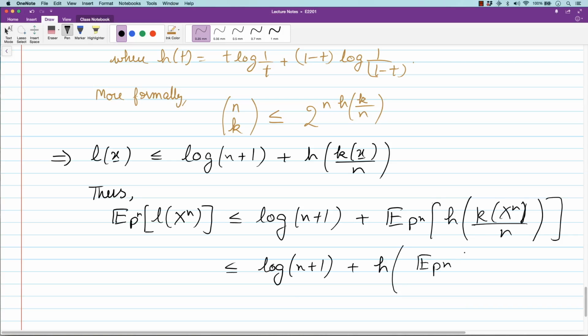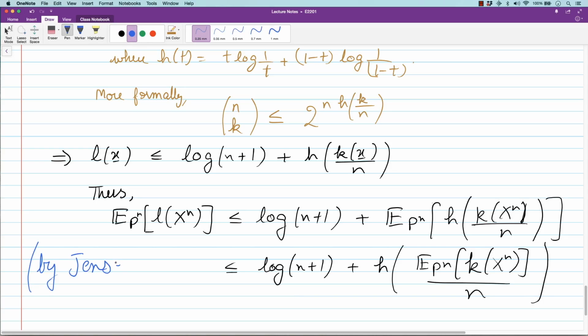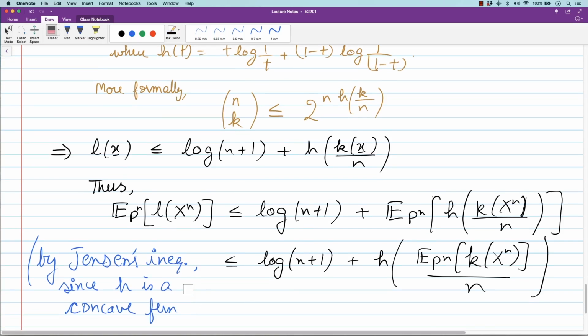Remember, this number of ones is a random variable, k of x^n by n, and this is by Jensen's inequality, since h is a concave function. So we are using those properties of this function that we have seen earlier.